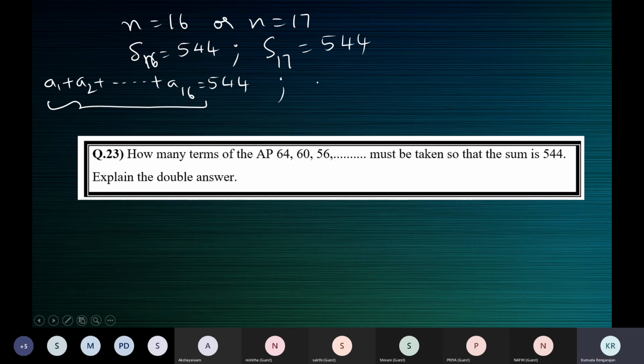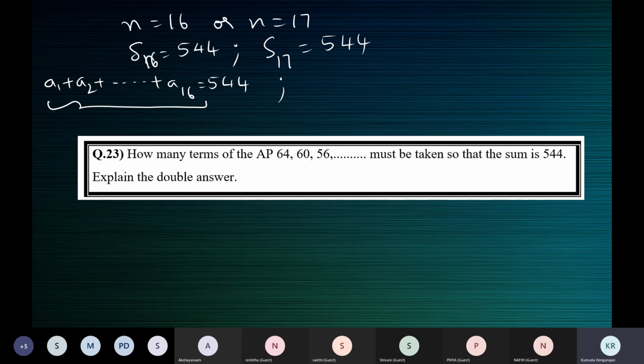The thing is, how many terms must be taken to get sum 544? The sum of the first 16 terms is 544. The sum of the first 17 terms is also 544. That's why we'll have to explain the double answer. How can the sum of the first 16 as well as the sum of the first 17 terms be 544? That's what we're explaining now.